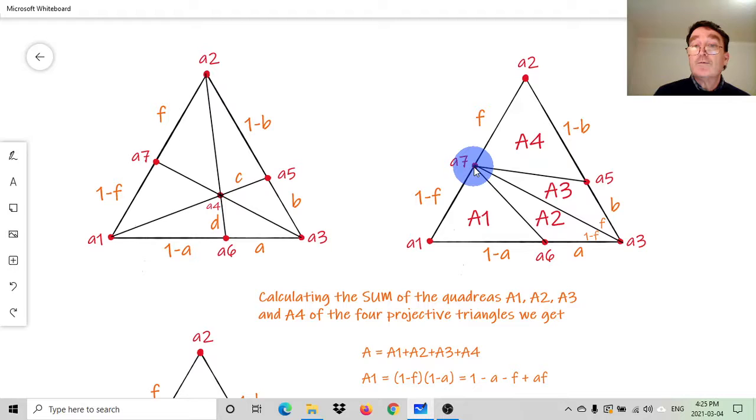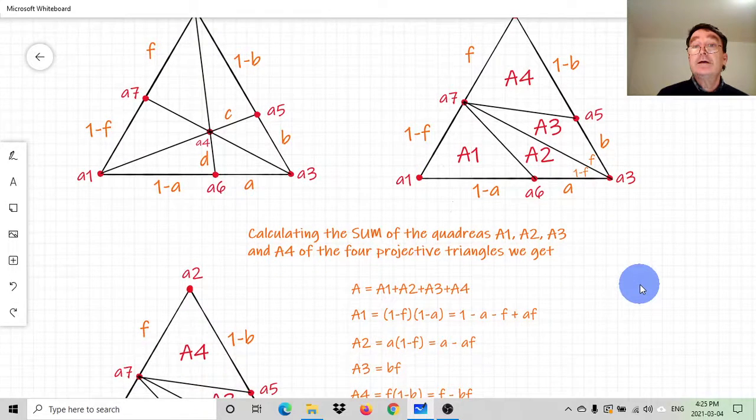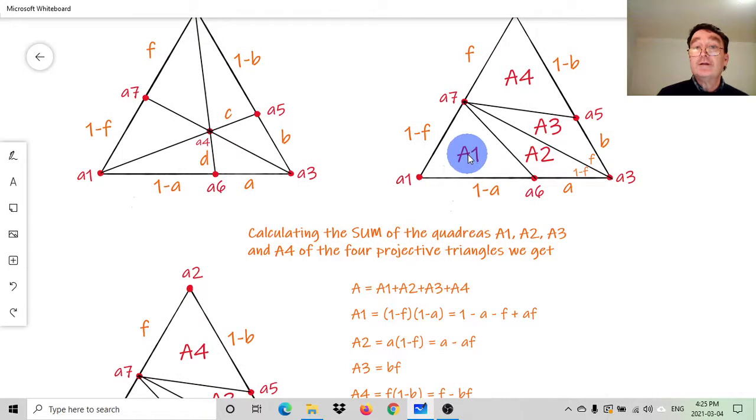So we're going to have lines A6A7, A7A3, A7A5. Okay, so we're going to have projective triangles with quadrias A1, A2, A3, and A4.